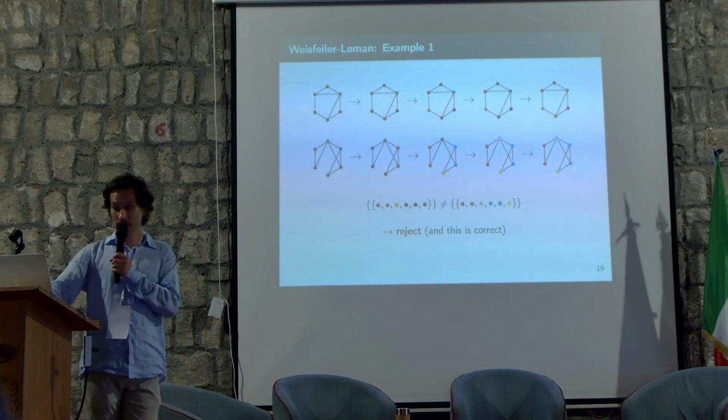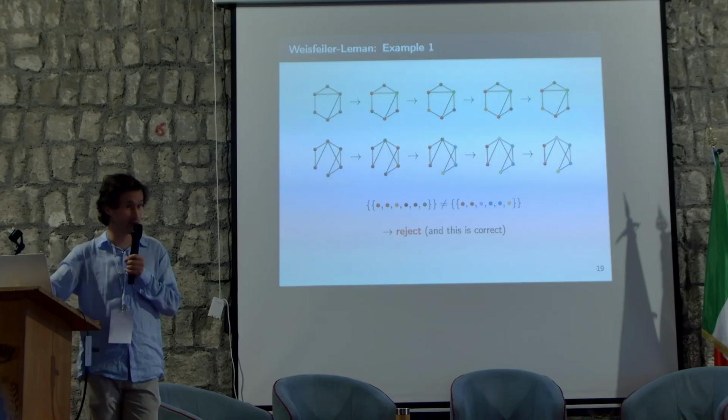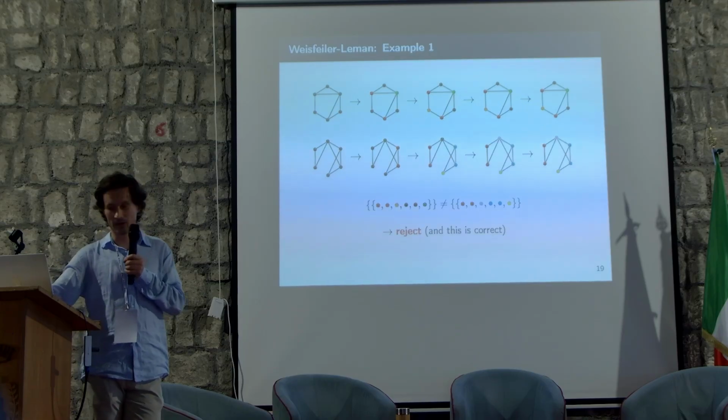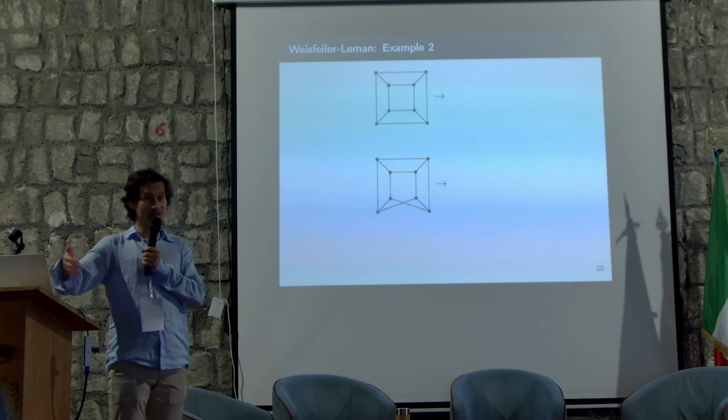But anyway, here we see that the resulting stable coloring is different for these 2 graphs. We reject. And this is correct because if we say no, it is no. Not isomorphic. But this test is very simple. It's polynomial time, even simpler.